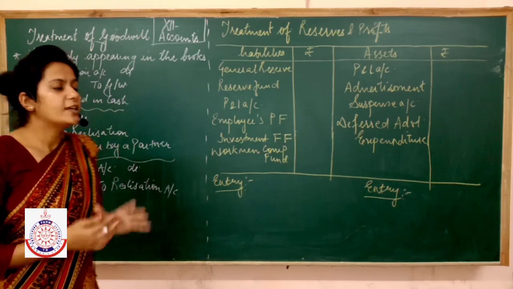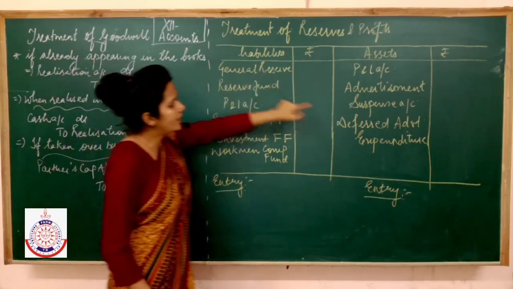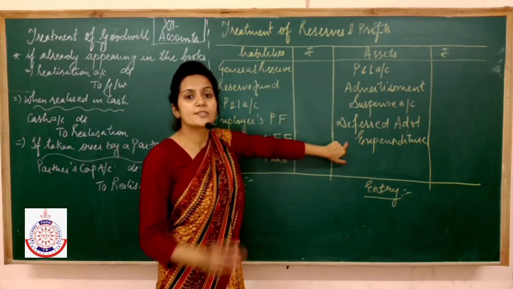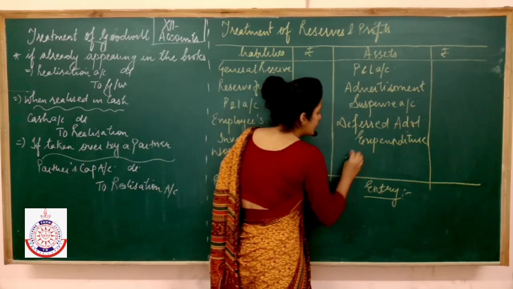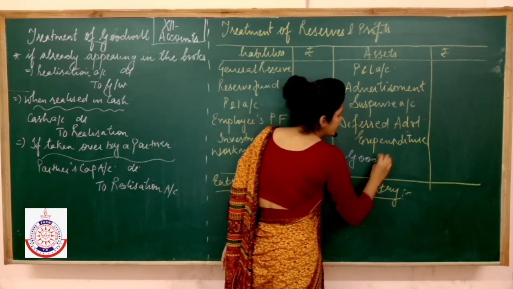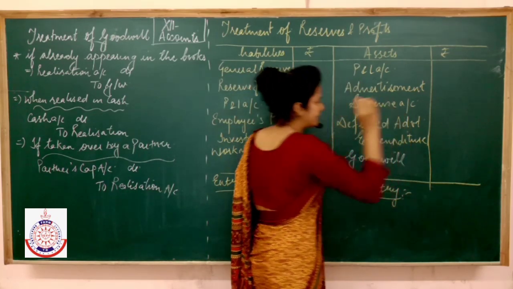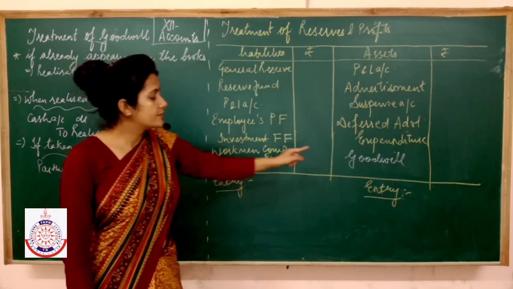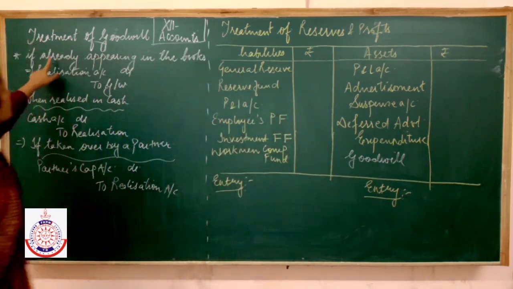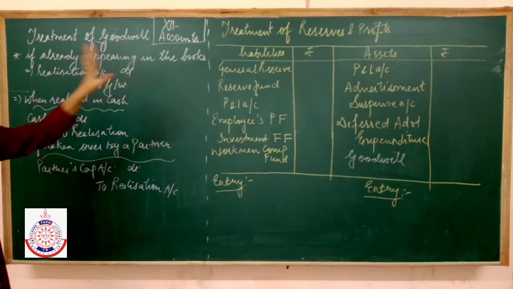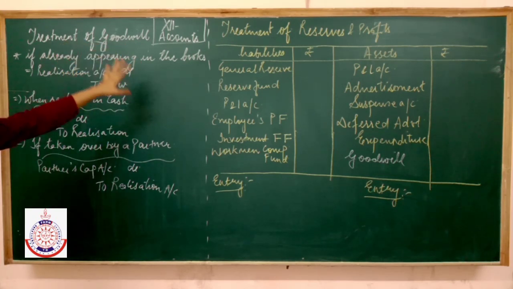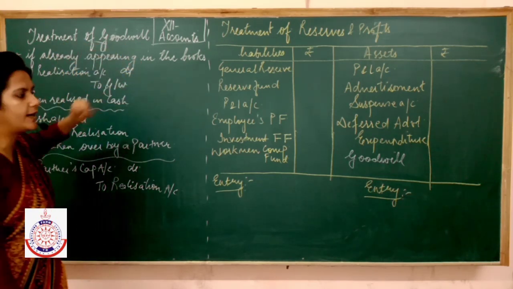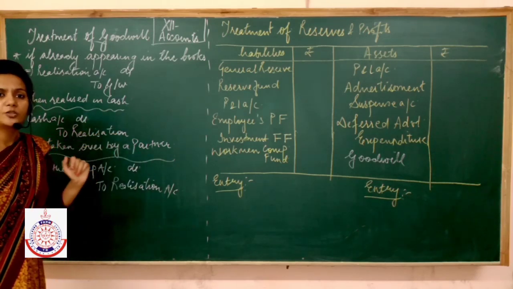Now suppose goodwill is given to you on the asset side of the balance sheet. It means this is the case when goodwill is already appearing in the books. So in this case, what are you going to do?